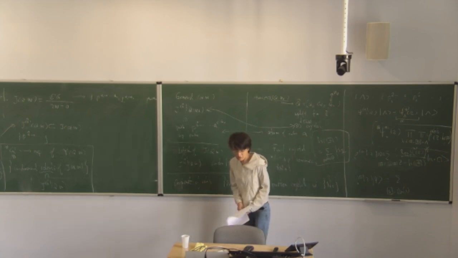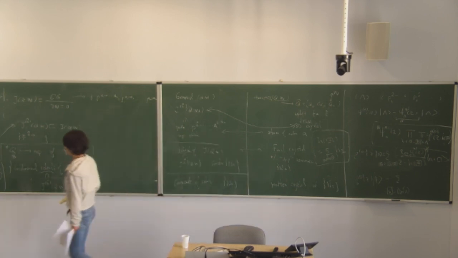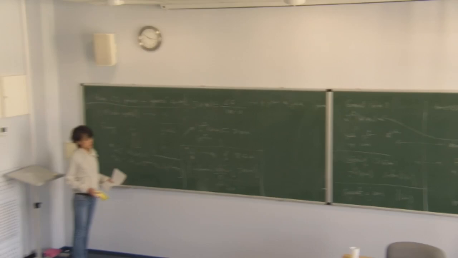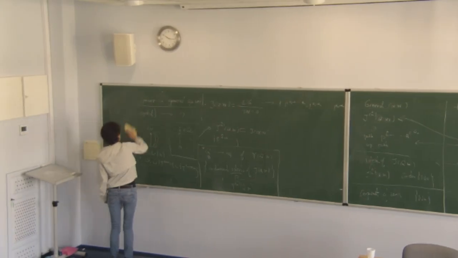Okay, so now I have reviewed the part about the quiver Yangian representation for an arbitrary quiver. Now for the knot.